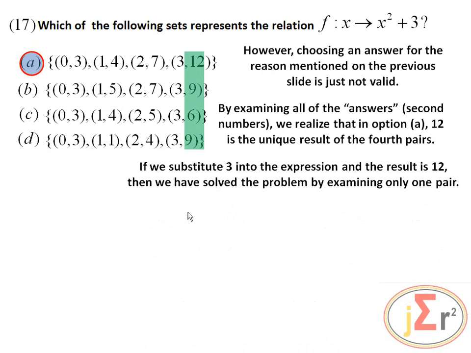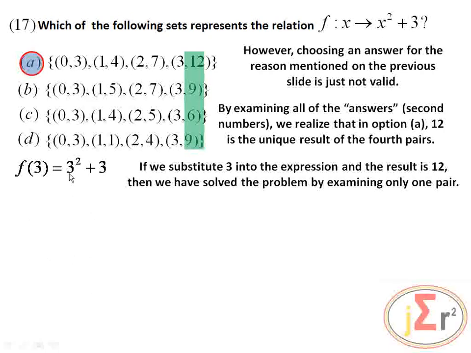If we substitute 3 into the expression and the result is 12, then we have solved the problem by examining only one pair. So we have f of 3 is equal to 3 squared plus 3. See, x is mapped to x squared plus 3. So if x is equal to 3, we have 3 squared plus 3.